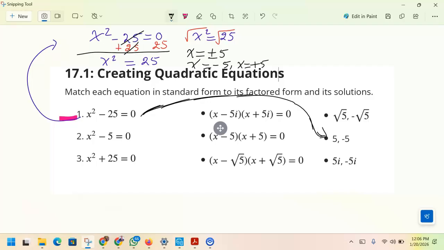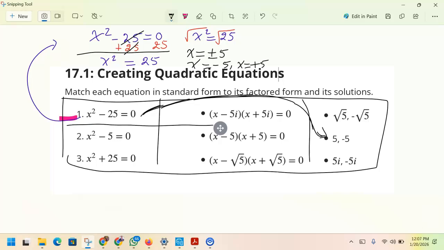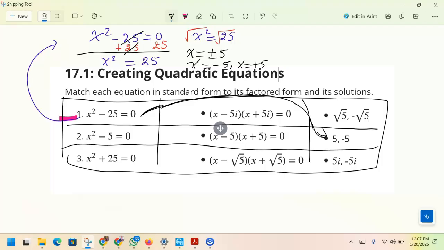In the first, actually there are three columns here. All we are supposed to do is try to match which first column row, let's say the first one is clearly matching this one. So you got two answers, 5 and minus 5. Now how do we know the middle column?